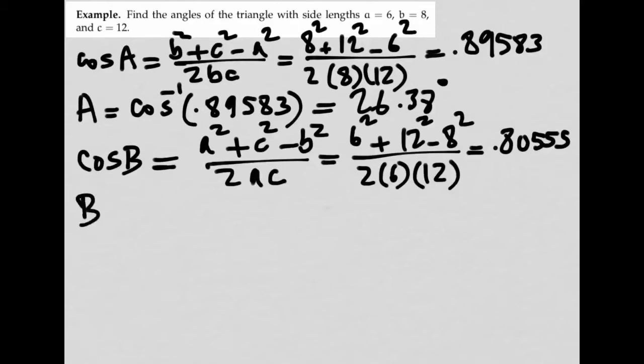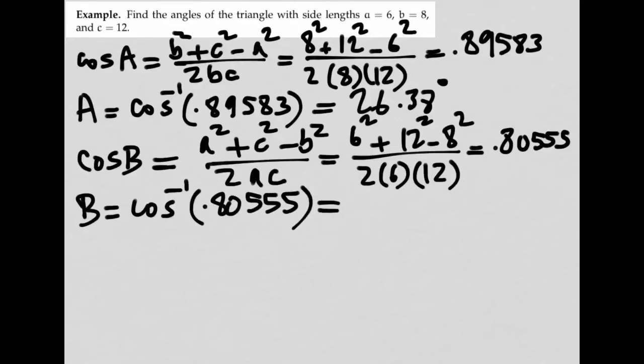So B is cosine inverse of 0.80555, which is 36.34 degrees. Now we can find angle C by applying the law of cosines again.